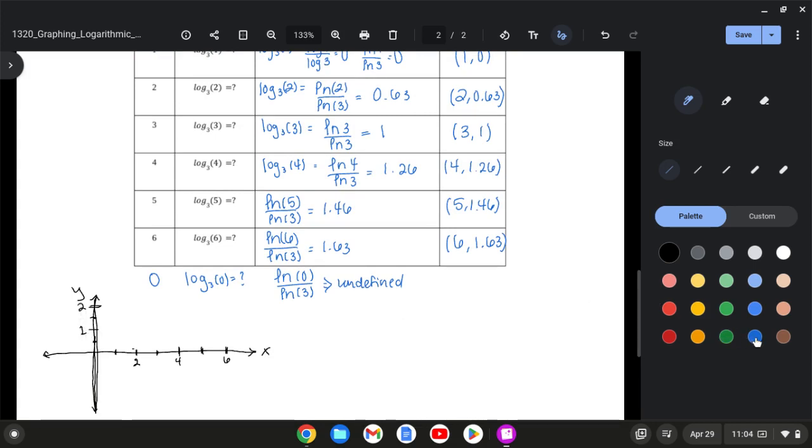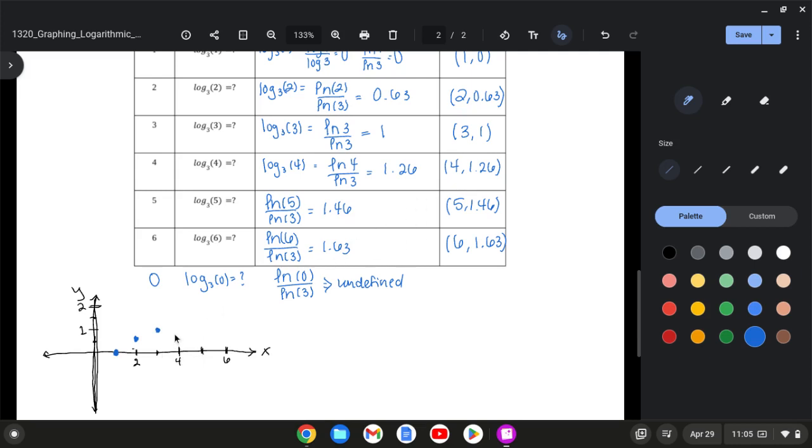All right, so the first point we have is 1, 0. So it's going to be right here. Go right 1 and then stay there. Then our next point is 2, 0.63. So right 2 up 0.63. So it's going to be a little bit past a half. Then we have 3, 1. So right 3 up 1. And then we have 4, 1.26.